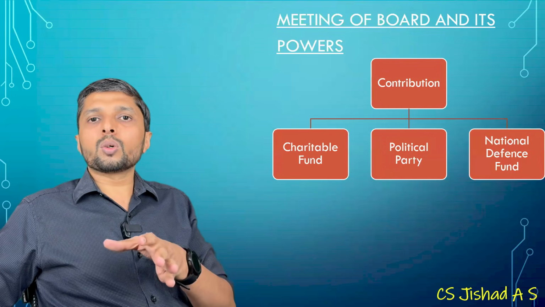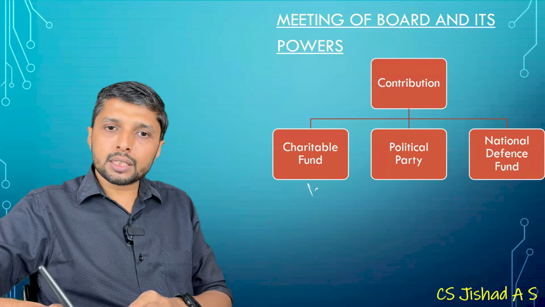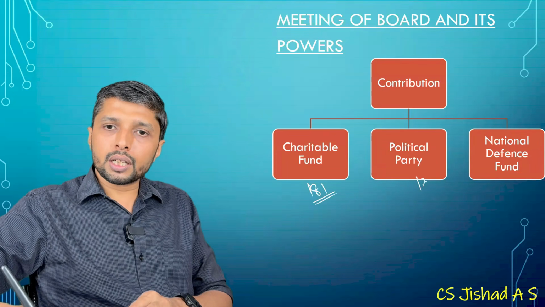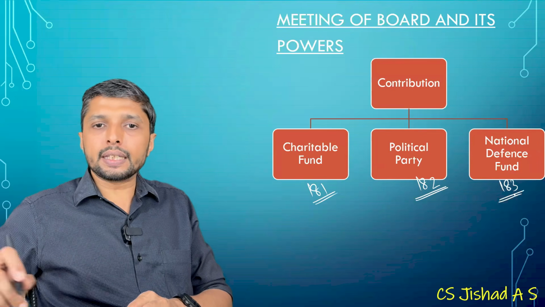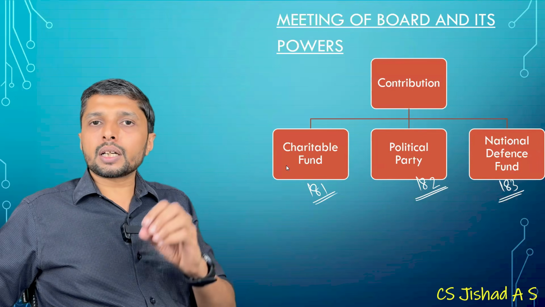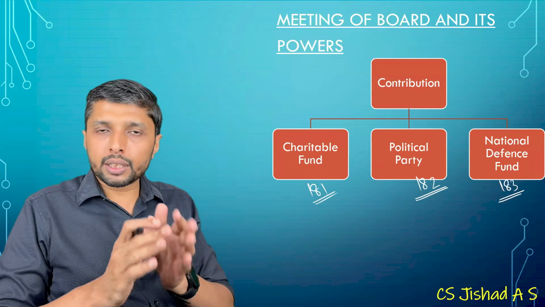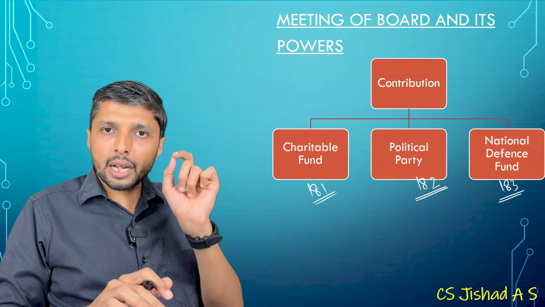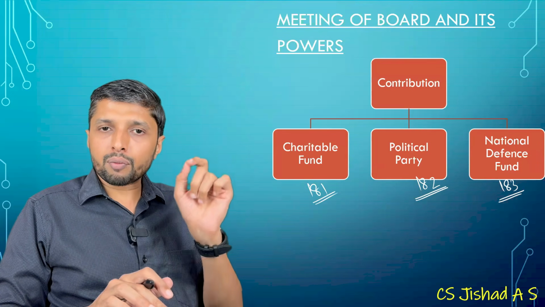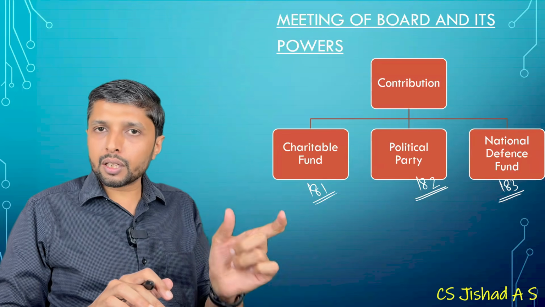Then contribution to various funds by the board of directors. Section 181 specifies contribution to charitable fund, 182 political party, and 183 national defense fund. For charitable fund, you have two provisions. If the amount of contribution is up to 5% of average net profit of the preceding 3 financial years, you can do it by passing a board resolution.